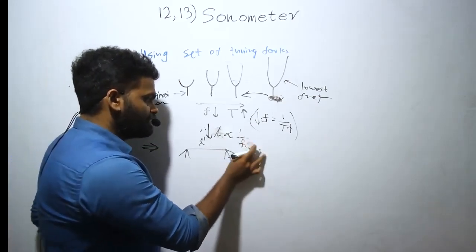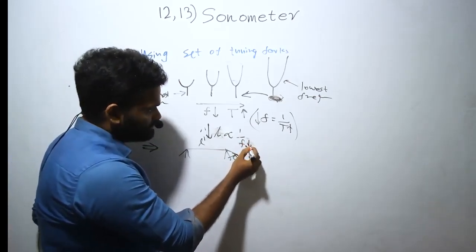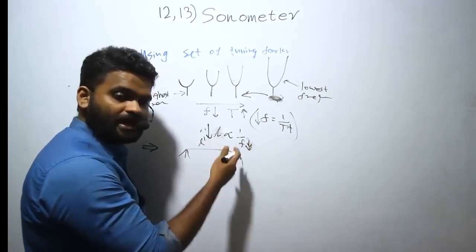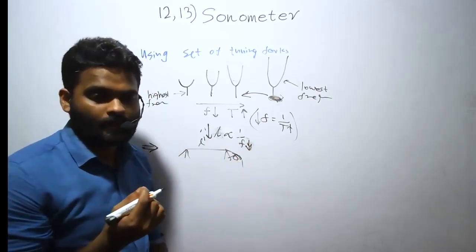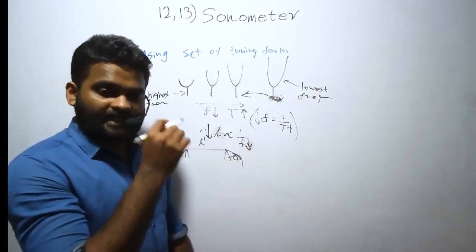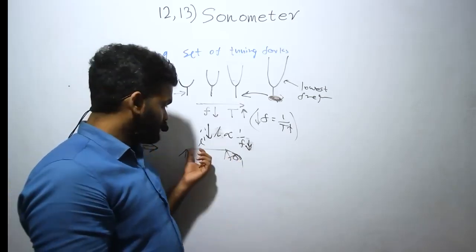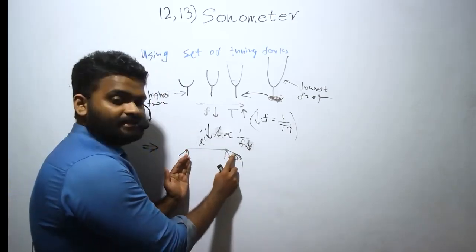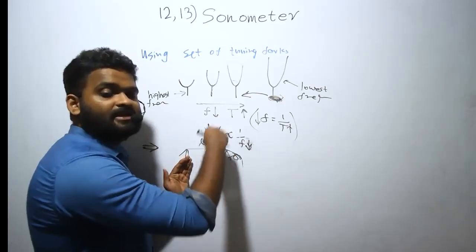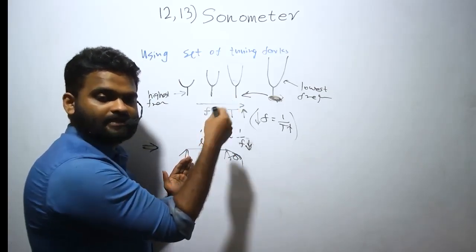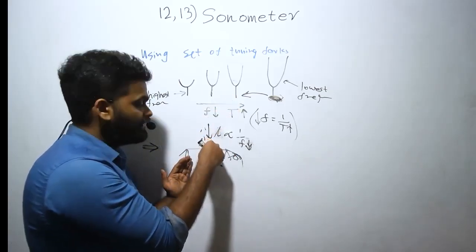So we start the practical. You have to first make sure that it is enough. Let's say it is not enough. You just keep increasing the length, still the paper rider does not fly away. There's no resonance still. Then what do you do?